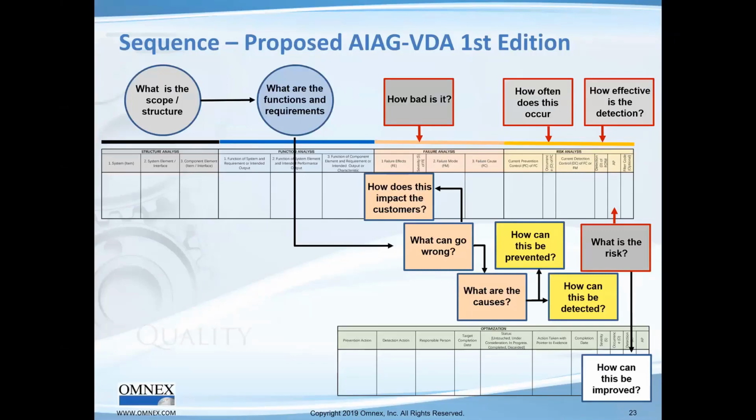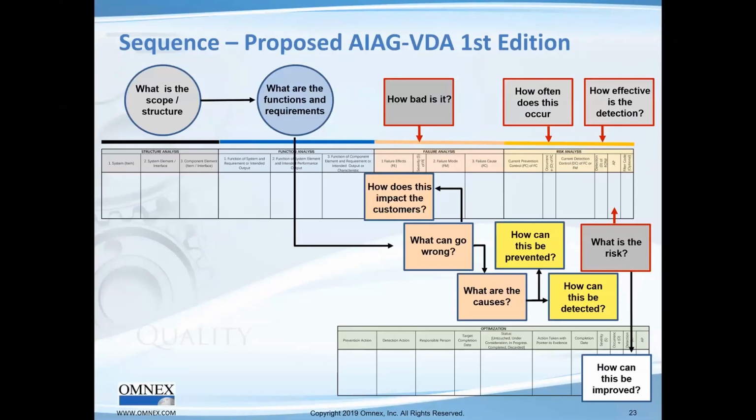That is, can the team at the focus level, how much do they know about the customer's product to identify the functions and requirements, and how much do they know about the supplier's product to identify the functions and requirements at the lower level?